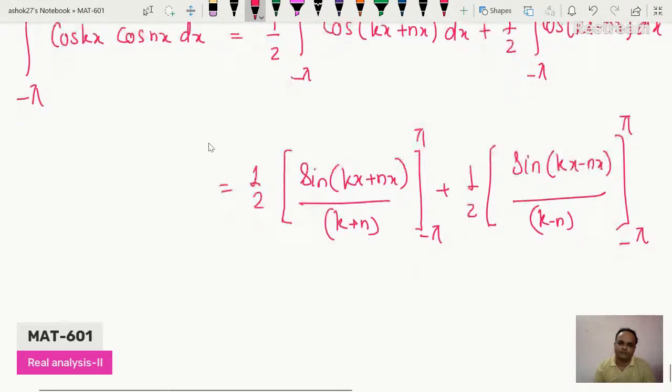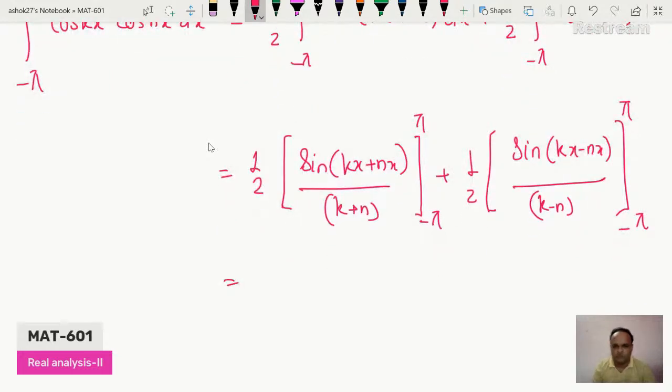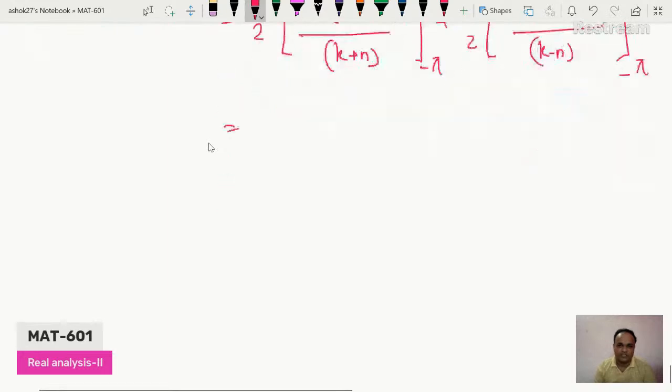If you put the upper limit, that is pi, in place of x, it will be (k + n) pi, and we know sine n pi is 0. Similarly here also you'll get the term sine n pi, and similarly for the lower limit, that is minus pi. So the values at the upper limit and lower limit will be 0 in both terms, and therefore the resulting integration will be 0.